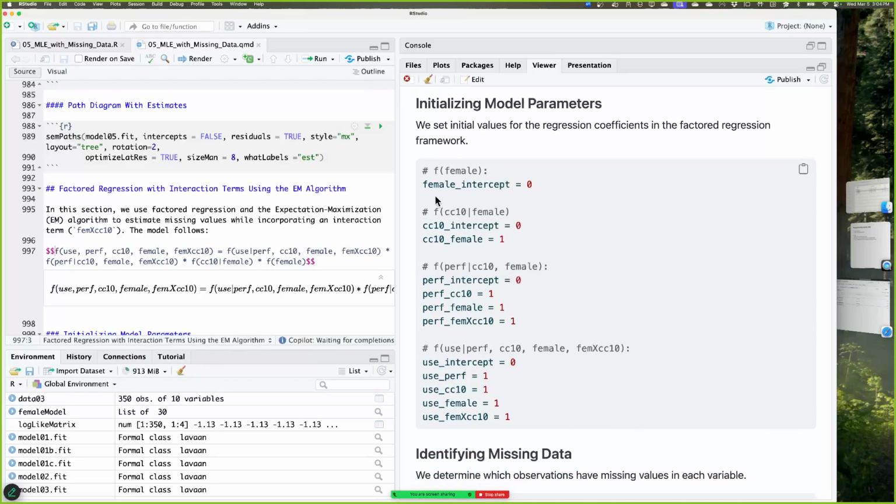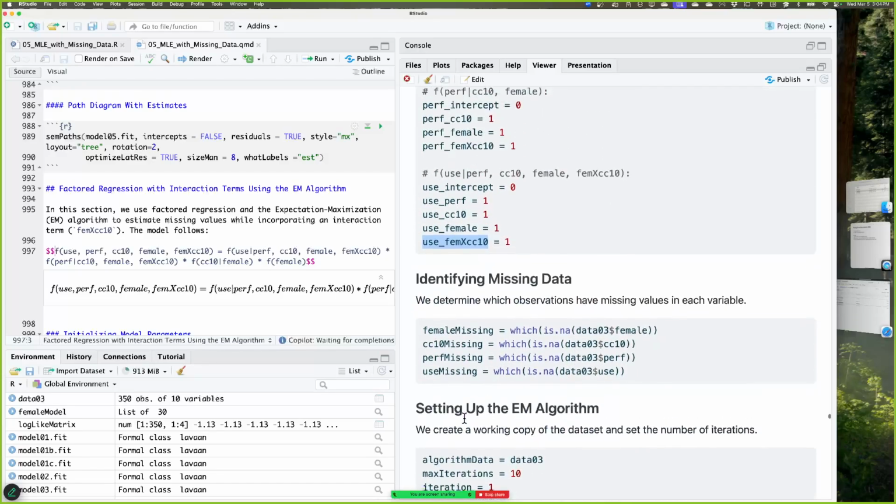Again, the female model is just a logistic regression. The CC10 given female is a simple linear regression. But after we get to the E step of filling in female and filling in CC10, then we can do the full performance as a function of the interaction as well, because it's complete now. And the same thing with usefulness. Does that make sense?